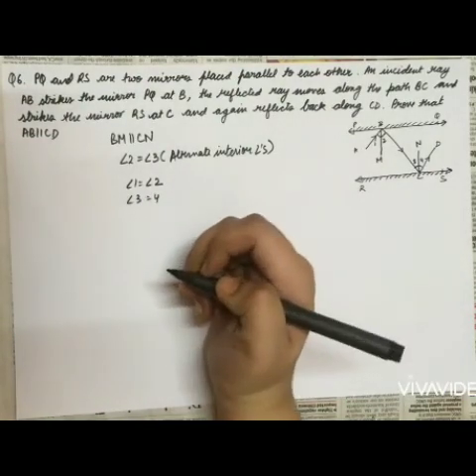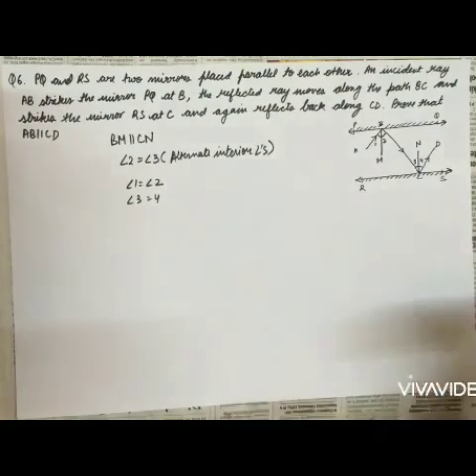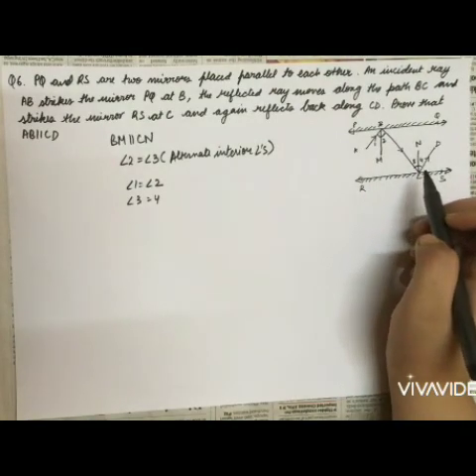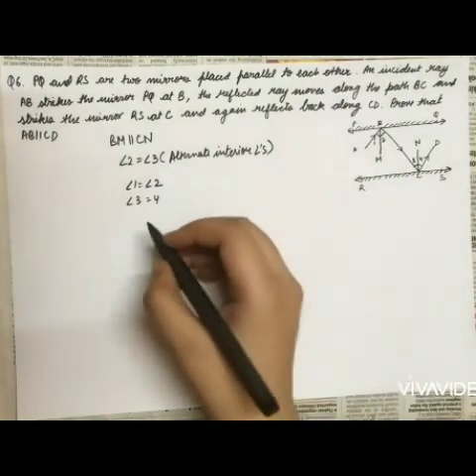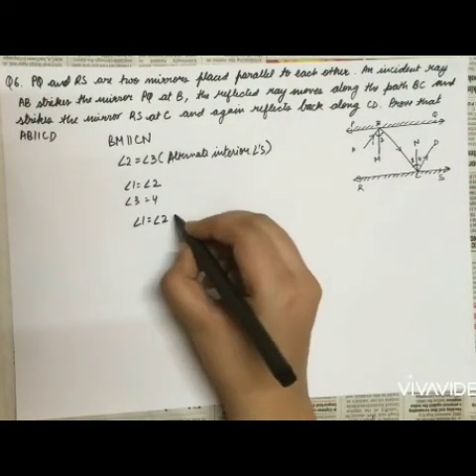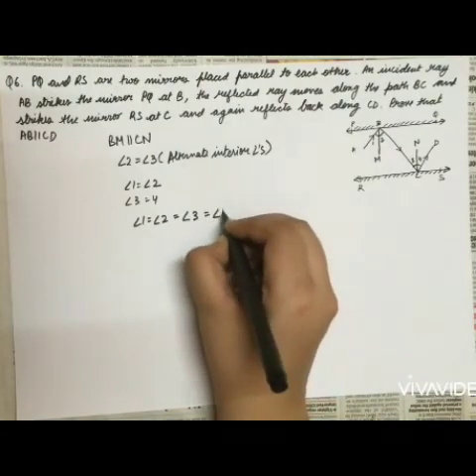Why? Because of laws of reflection. You may have studied that angle of incidence is equal to angle of reflection. Therefore angle 1 is equal to angle 2 and angle 3 is equal to angle 4.